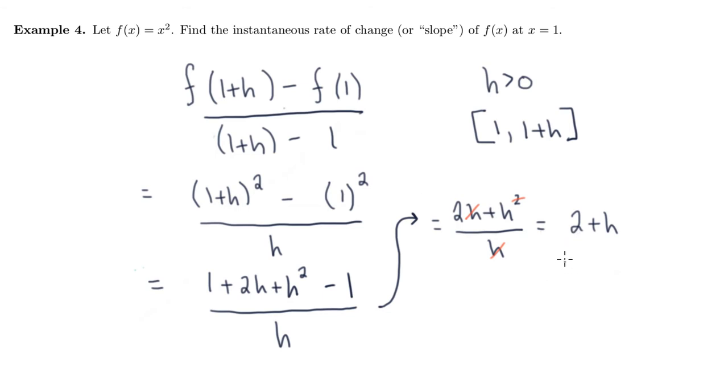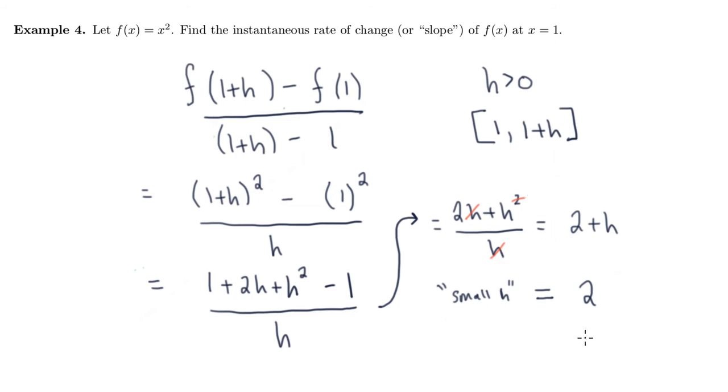Now you see that this is equal to 2 for small h. Okay, now this is an extremely imprecise step, so I don't want you to think that this is some sort of rigorous way to think about it.